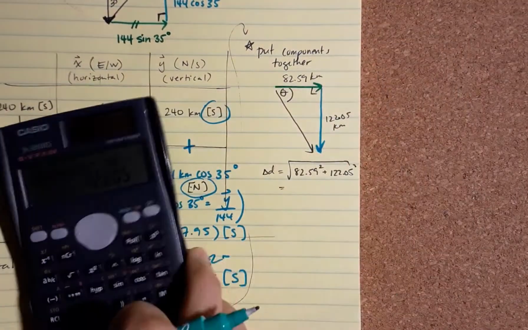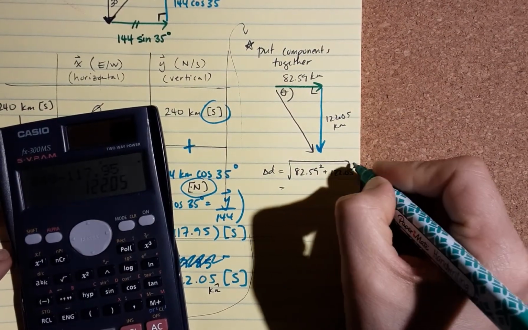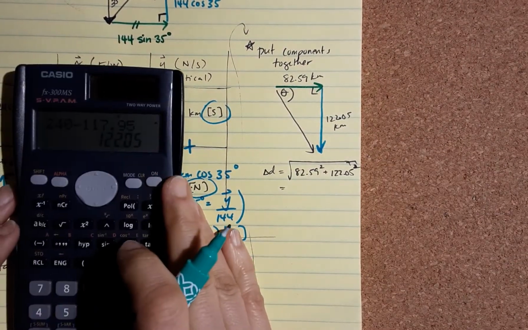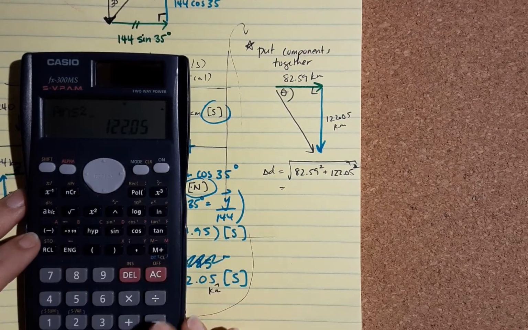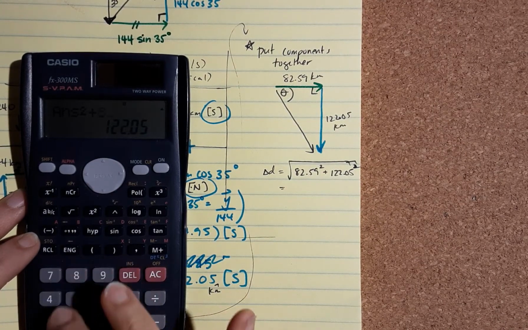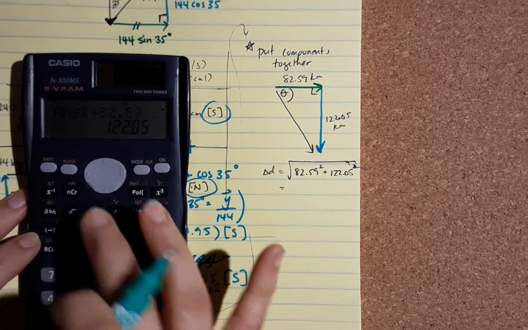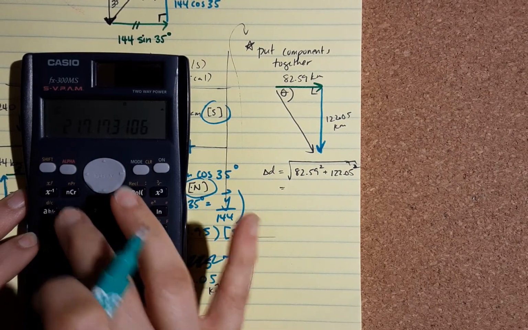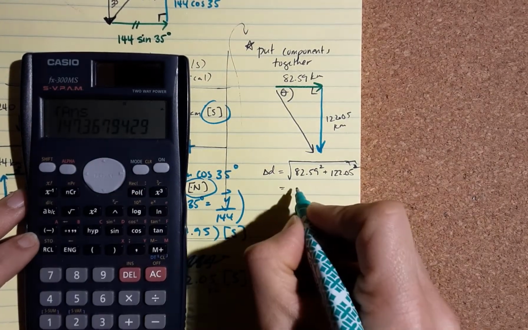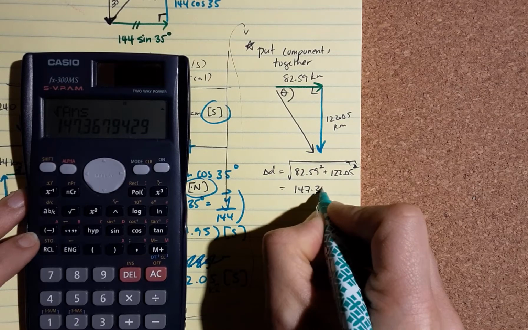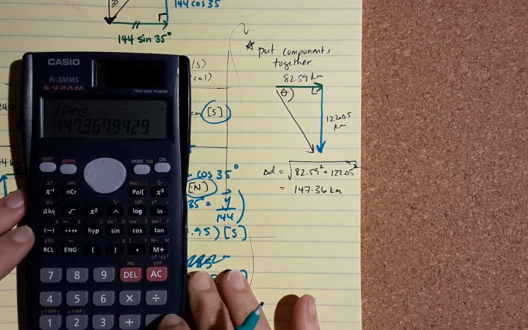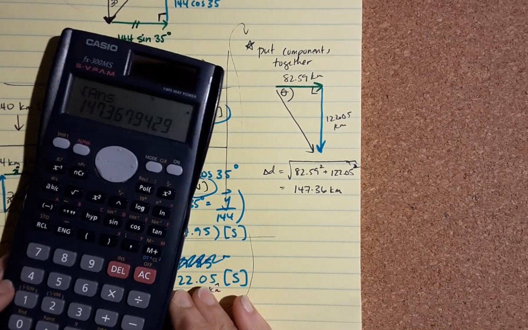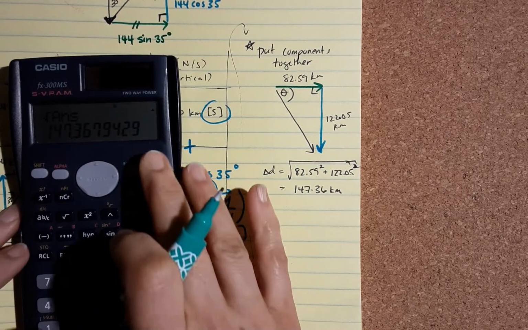I'm trying to squish it in there. So I've got my 122 squared plus 82.59 squared. Square root it. I get 147.36. Don't forget your units. I'm not going to round that yet because I don't need to.